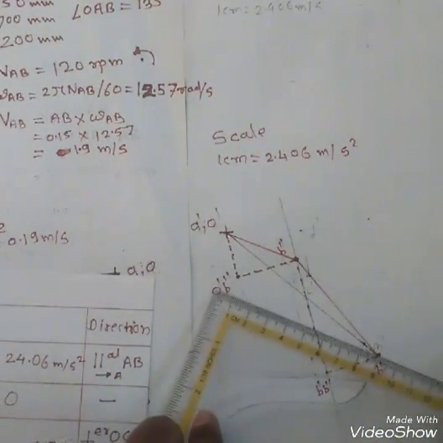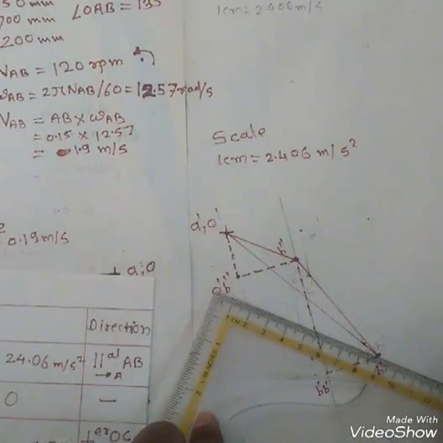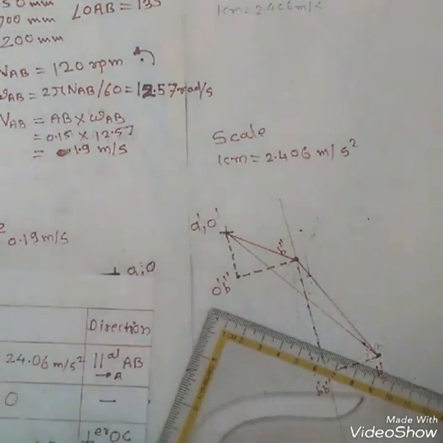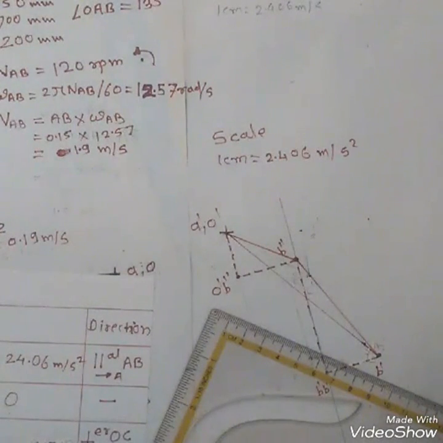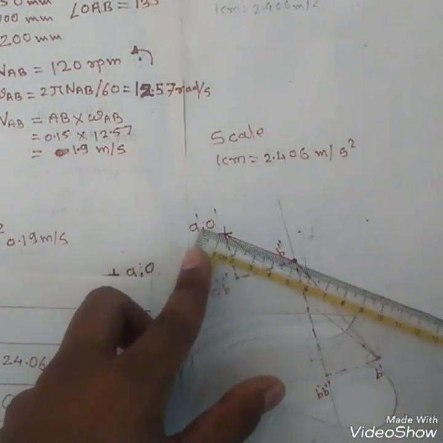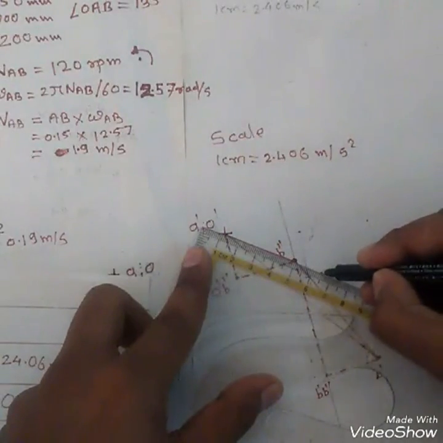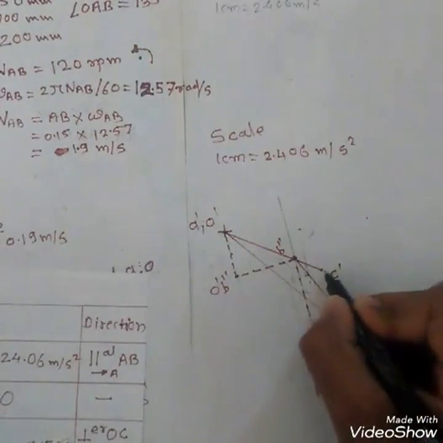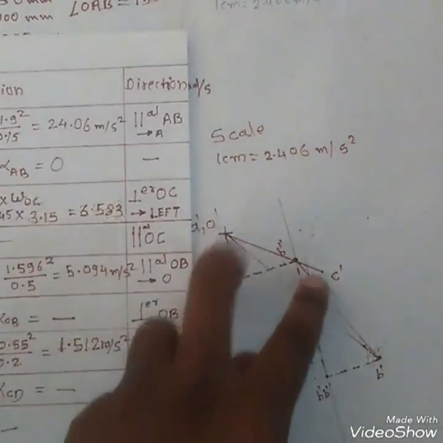This is 3.8, and B dash C dash over OB dash we can measure from the space diagram. So you will get the distance B double dash C dash equal to 1.5 centimeter. You just extend O dash B double dash by 1.5 centimeter and you will get the point C dash here.